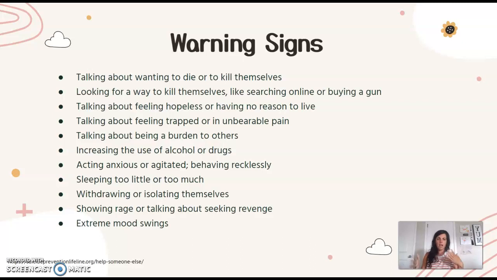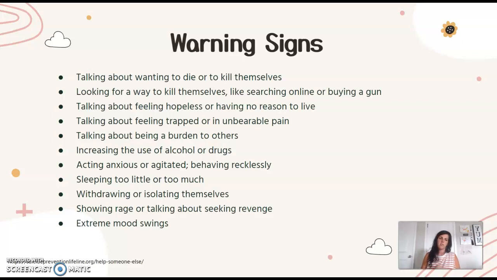Part of the appeal of alcohol and drugs is that they numb out feelings and pain. And so it might temporarily fix what they're feeling, but once the high or intoxication wears off, that can trigger feelings of guilt and shame that they've just done something they don't necessarily want to do, and then that can snowball into feeling worse, so wanting to use more to avoid the uncomfortable feelings. And so increasing the use of that might be a sign that something is going on.